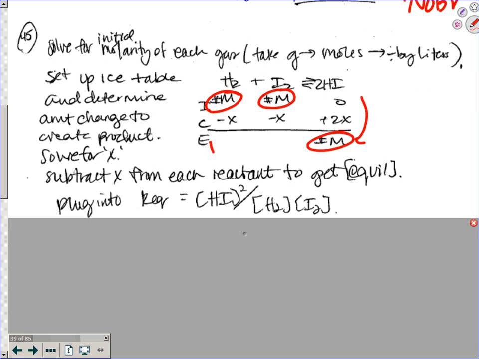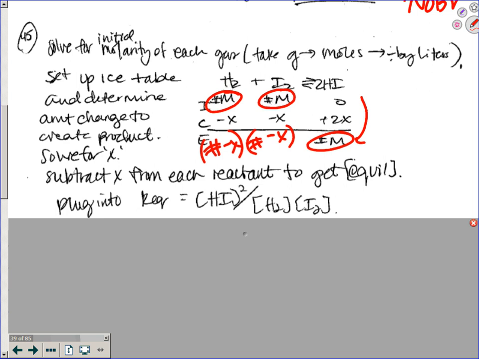So then once you have number minus x and number minus x, you'll be plugging these into your 2 reactants, this value squared into your product, and then you'll plug in those values for Keq or Kc. Keq is just a cheap way of saying anything. Okay? All right, so who struggled on, was it number 49?